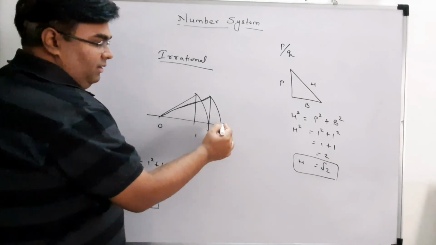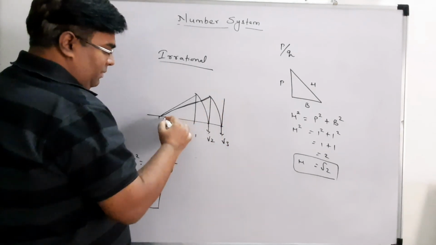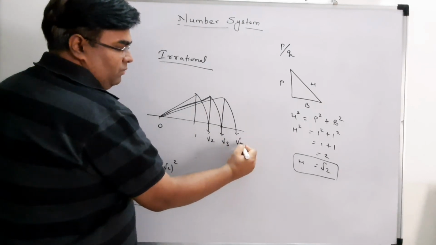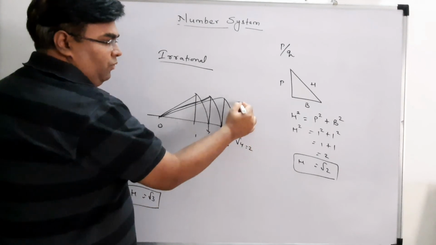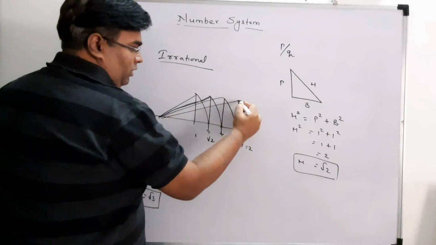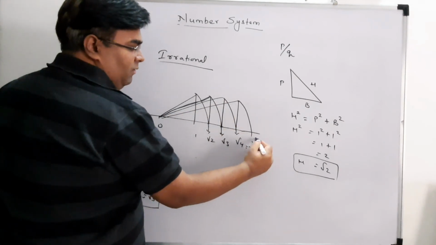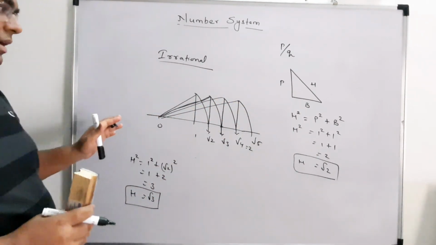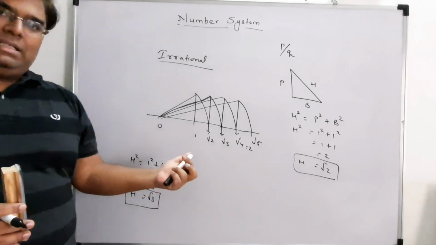Now if you add again on root 3 1 centimeter, you will get root 4, which is 2. If on root 4 you draw in a similar way, you can go further, right? So this will be a neat representation.